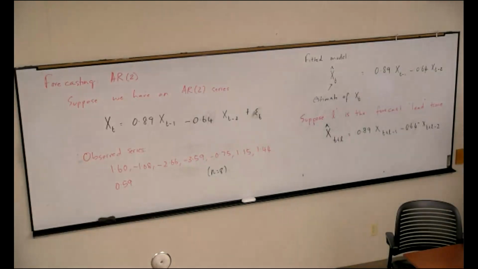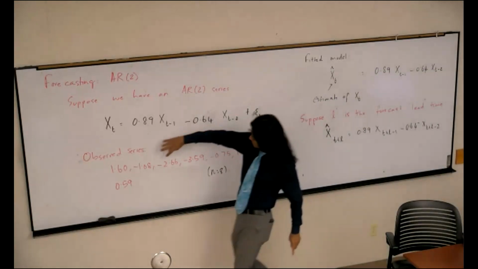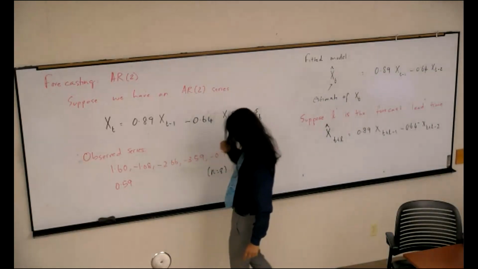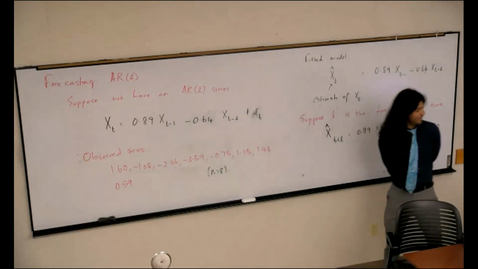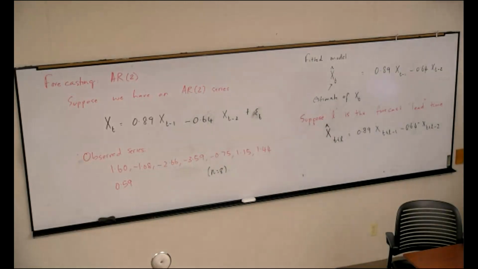Eight time points and then 1.60, negative 1.08, negative 2.66, negative 3.59, and so on.